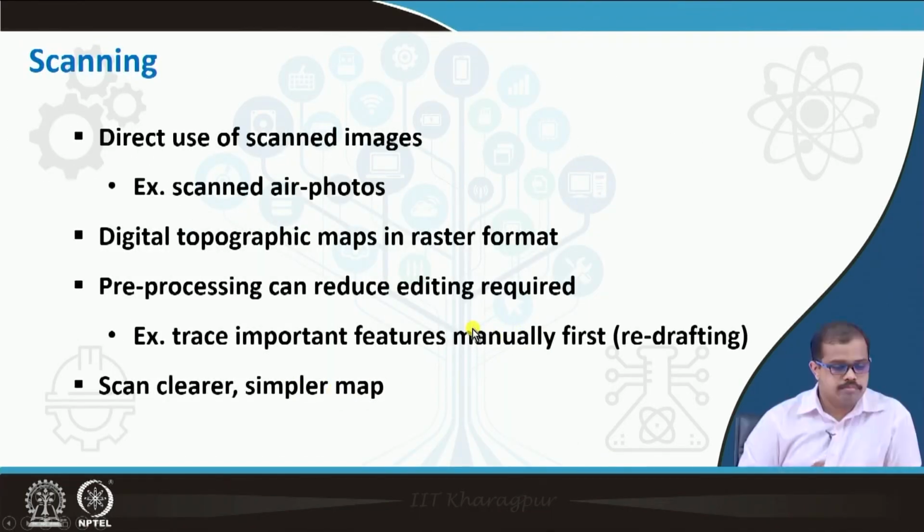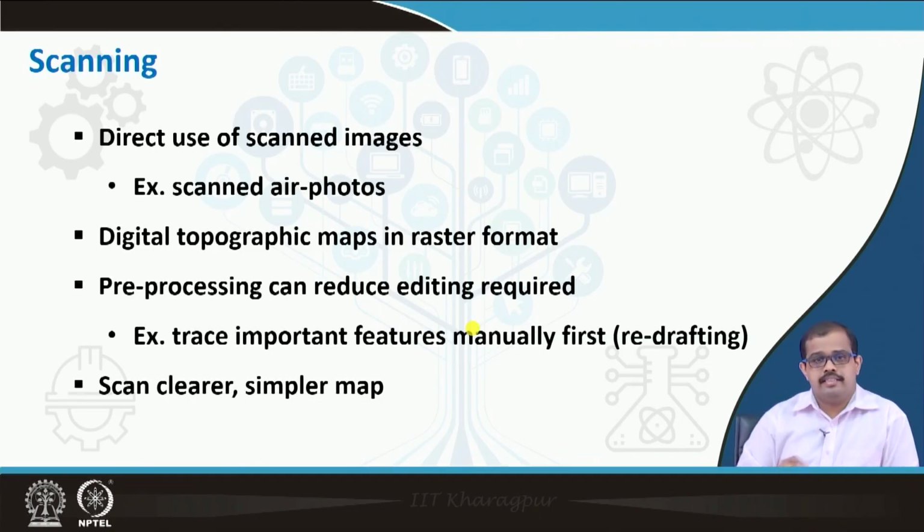So as scanning, it can be direct use of any scanned images, scanned air photos, or digital topographic maps. Pre-processing can reduce the editing required. So a lot of pre-processing of the photo can be done in order to reduce errors. Trace the important features first. That is my advice to anyone who is using such a thing.